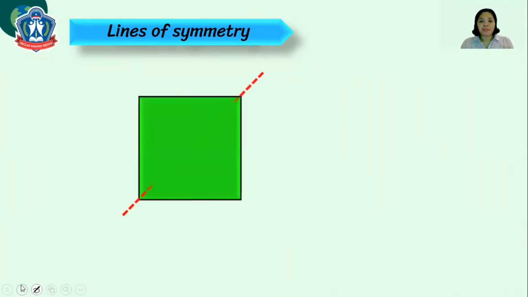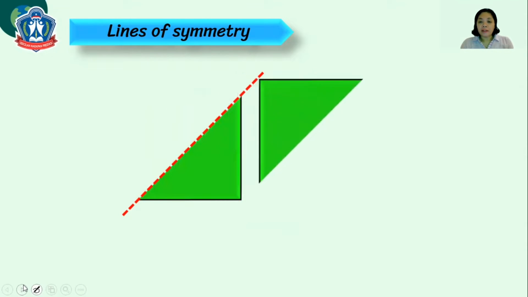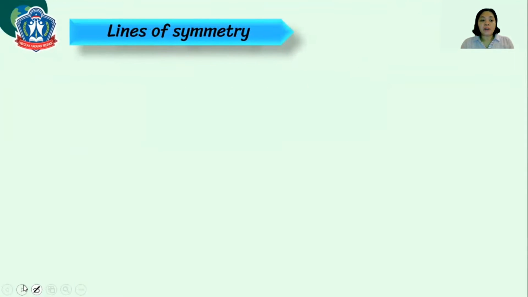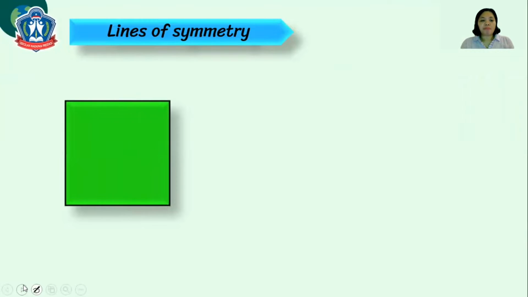The same. So this part is also the mirror image of this part. So a square, children, can be cut into halves in 4 ways: vertically, horizontally, and diagonally 2 times. So a square has 4 lines of symmetry.